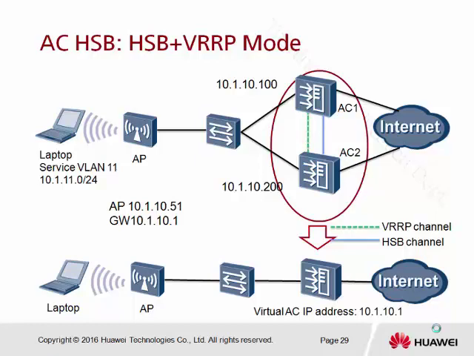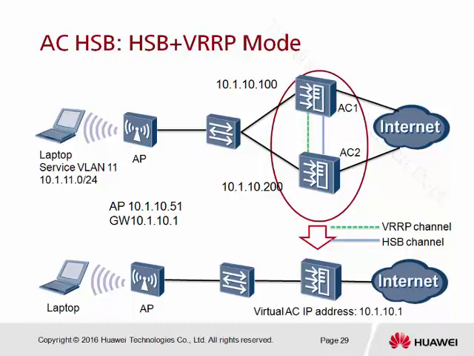AC2 is using 10.1.10.200. And we're going to configure VLAN 11, which I'm going to use for the service VLAN. The service VLAN IP address is 10.1.11.0.